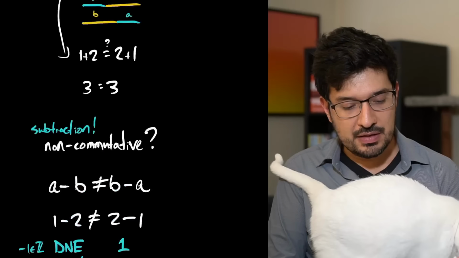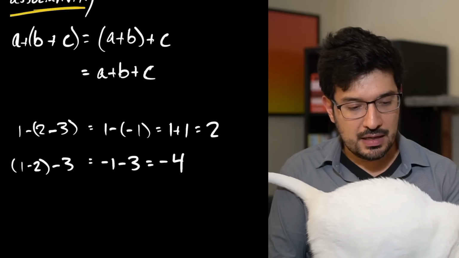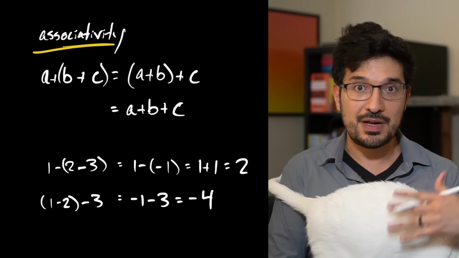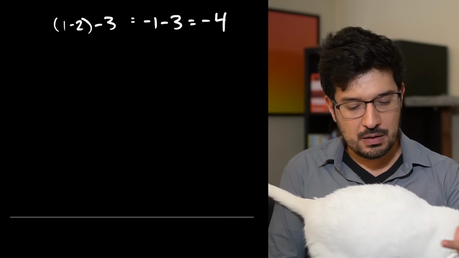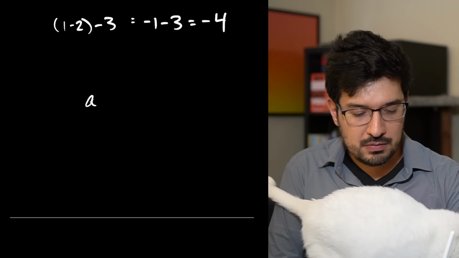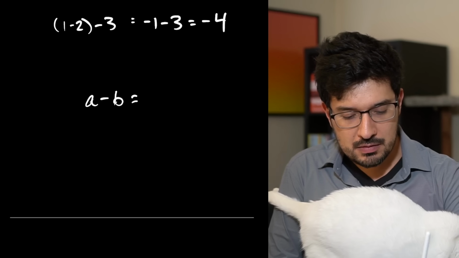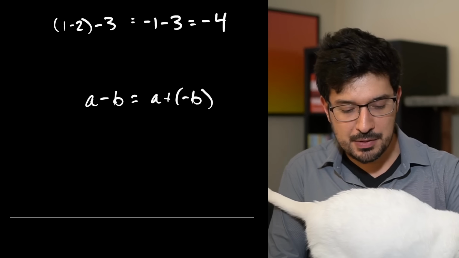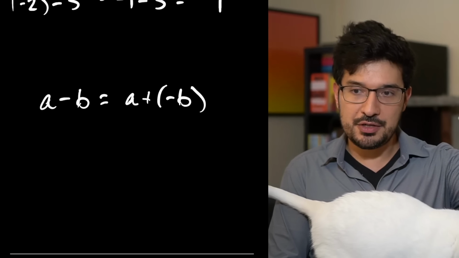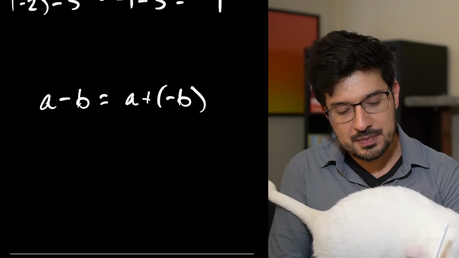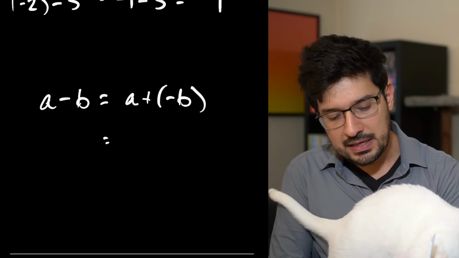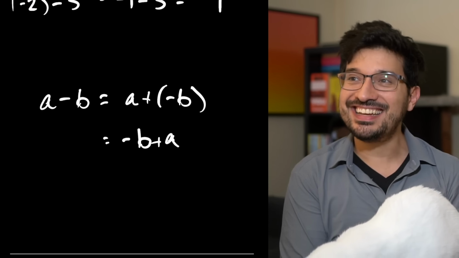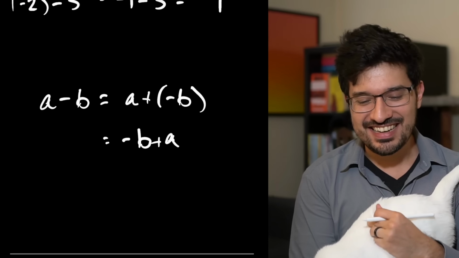These two reasons are why it's very valuable to add the concept of negative numbers. Because if we call subtraction the addition of a negative number, the addition in the other direction, then we can add in either direction.